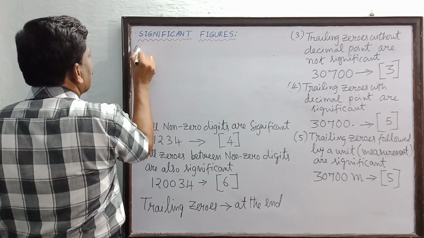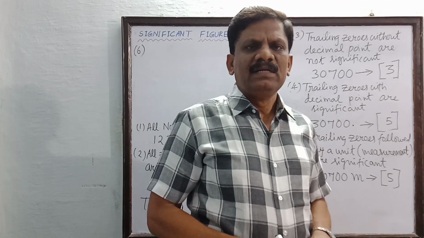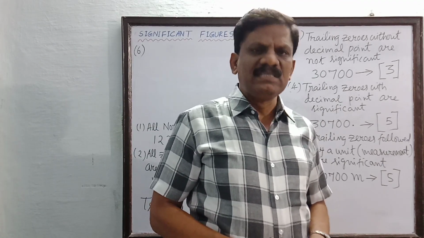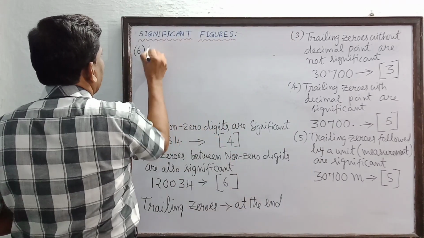So for rule number 6, once again I am going to consider a number with trailing zeros with a decimal, but in a different form. Numbers with a decimal point only I will consider.